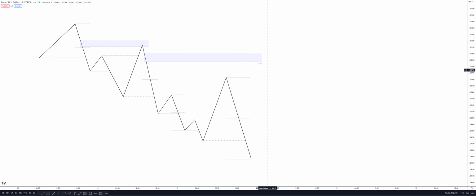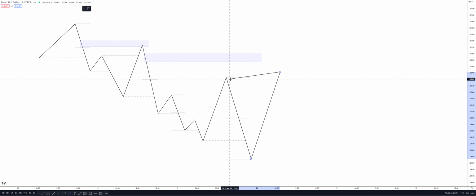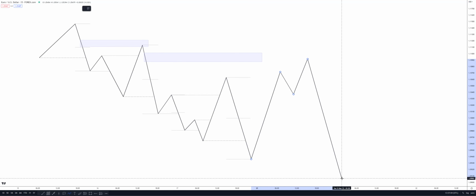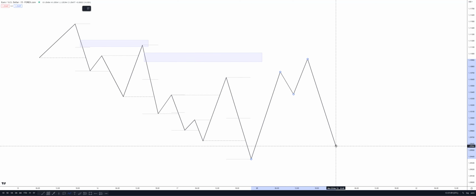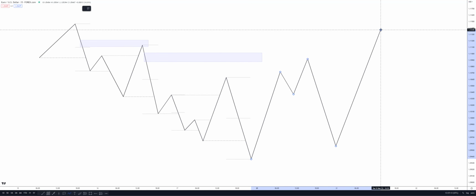So price could still come back up here, make us majorly bullish, and then tap into here and still continue on. Or it could just have a reaction that takes us down to the discount of this after the major break of structure, and then carries on this way.